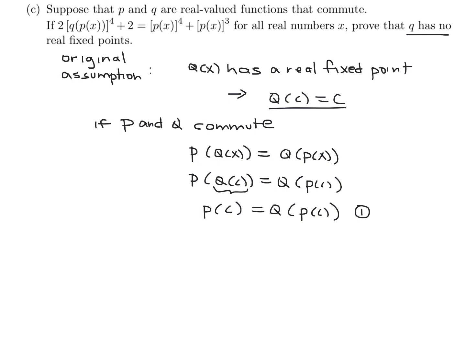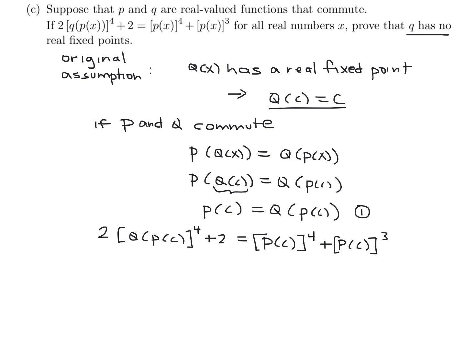Now let's revisit that big expression. That 2 times q at p at, and I'm going to use c's, to the power of 4 plus 2 is equal to p at c to the power of 4 plus p at c to the power of 3. Okay. Instead of this whole thing, I will substitute this because it's equal.